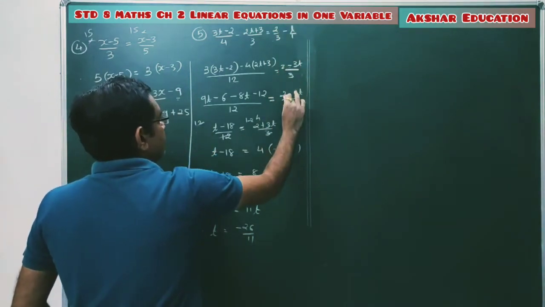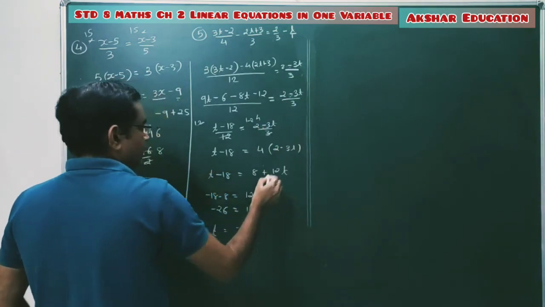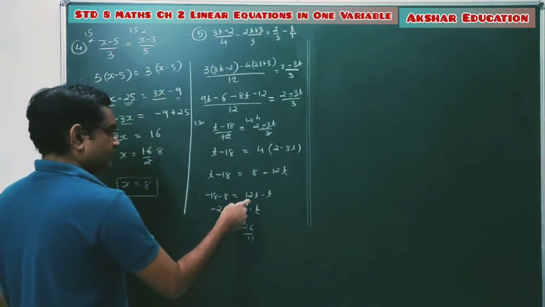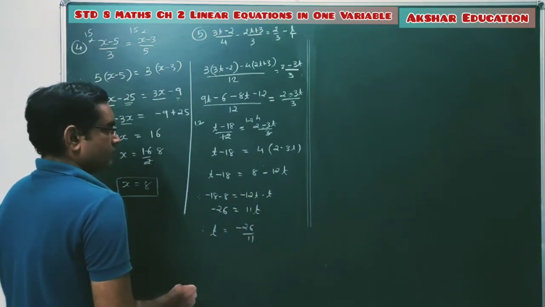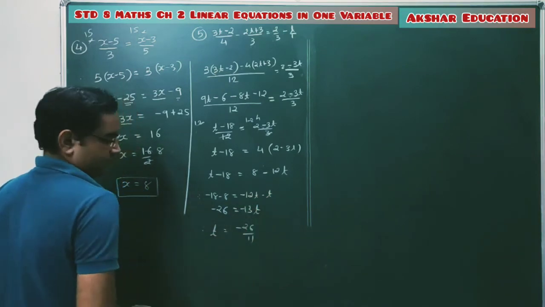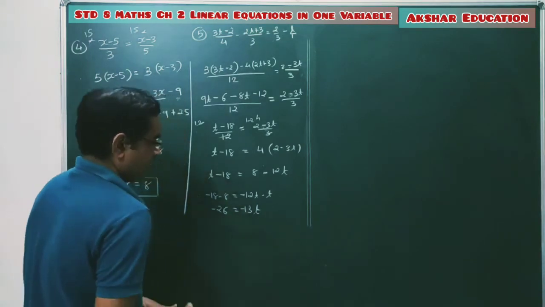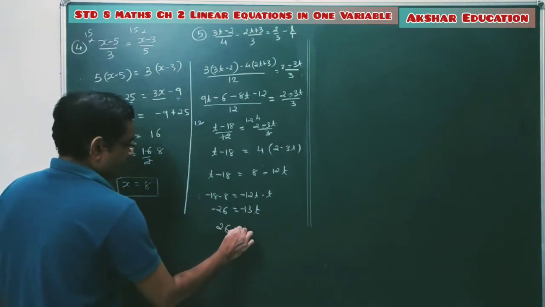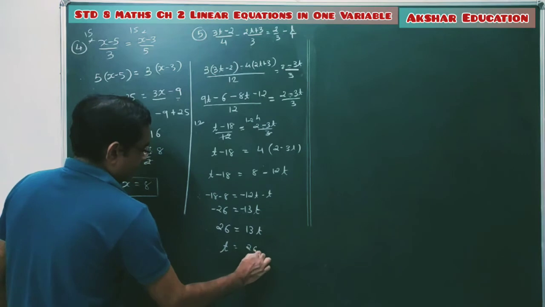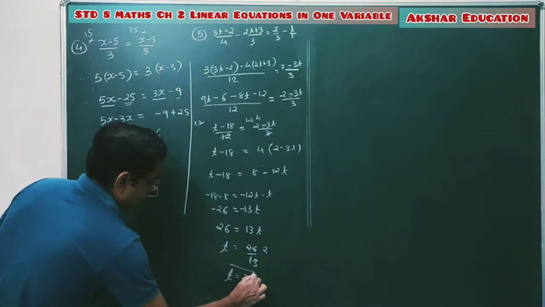Here also minus, here also minus, this also minus, so this also minus, so what will happen, minus 20 (sic), this also minus, so 13t, so this became minus 13t. So minus 26 equal to minus 13t. So we are getting 26 equal to 13t. Therefore t equal to 26/13. 13 2s are 26. So our solution is t equal to 2.